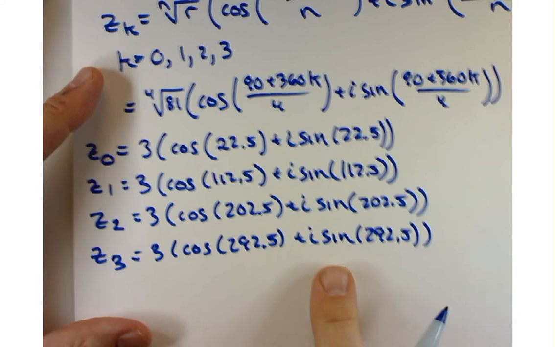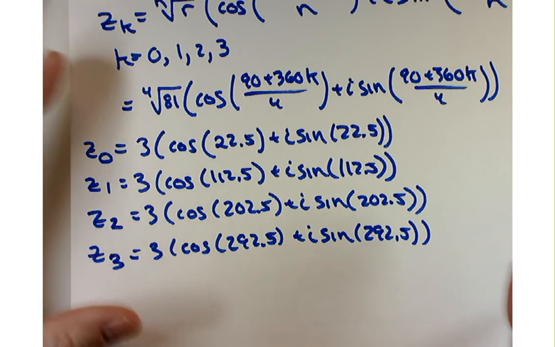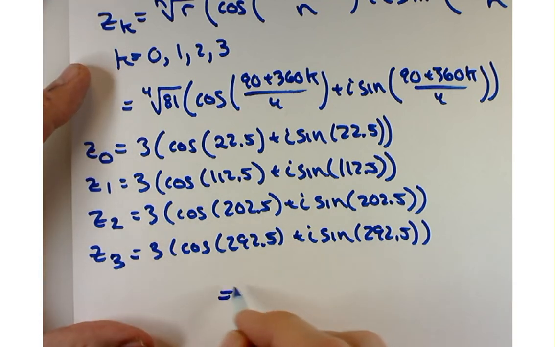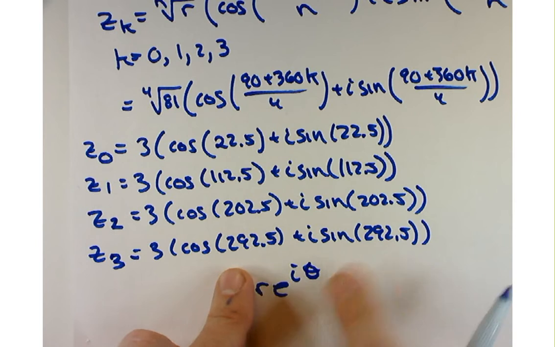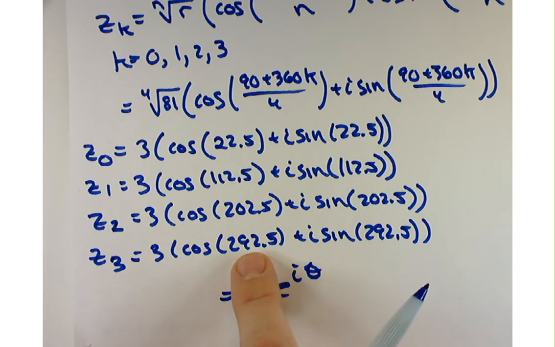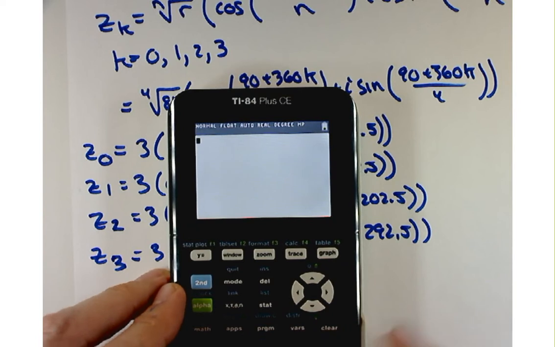The unfortunate thing about working in degrees as opposed to radians is that if I wanted to write it in exponential form, that is r e to the i theta, I couldn't. You have to have this written in radians in order to do that. So if you wanted to turn this into something with radians, you could just take one of your angles. Let's just do the last one.